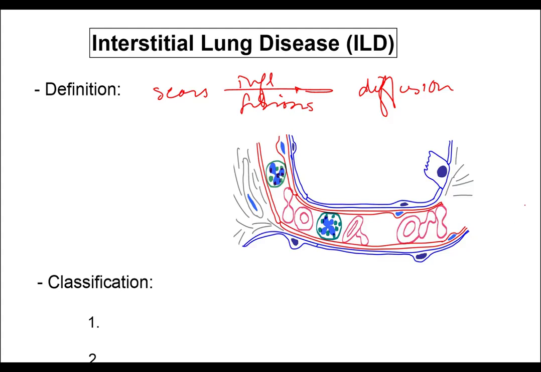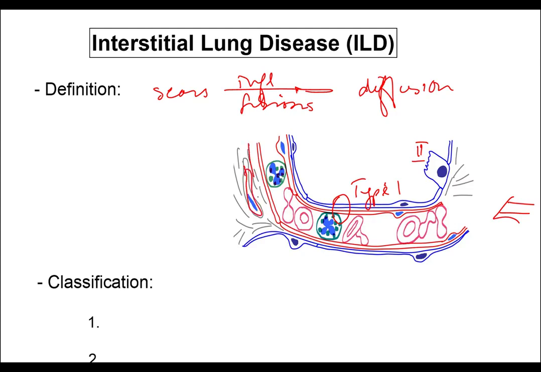So when we form a mental image of the alveolus, we think of our alveolus wall as basically being our type 1 pneumocyte, our type 2 pneumocyte, which creates the surfactant, and the endothelial cell with this very, very thin epithelial endothelial barrier. So when you're forming the image of inflammation and fibrosis, we're putting it in the alveolar septum.